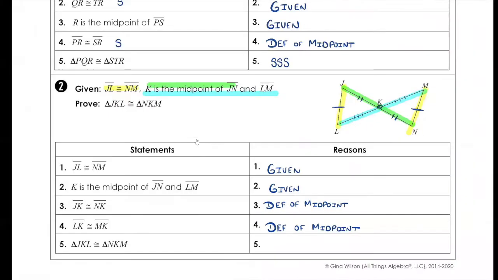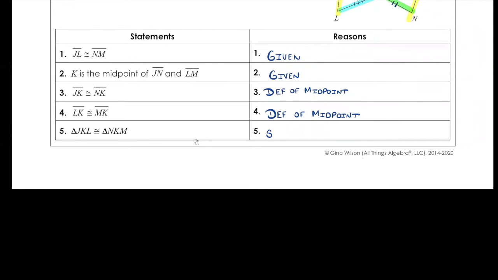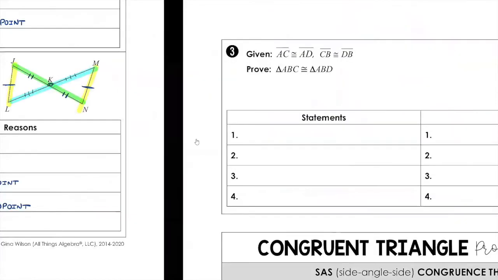Oh, I'm going to drop kick this thing to the moon if it doesn't get its act together soon. Side, side, side. What's wrong? SSS. All right, ready to go to the next one? Hooray. Maybe.